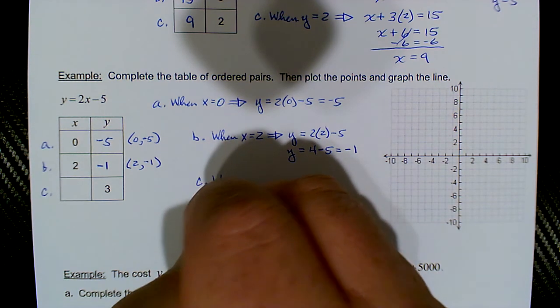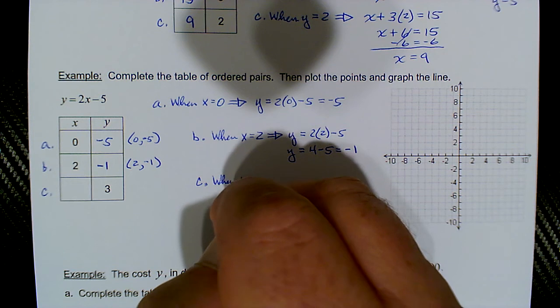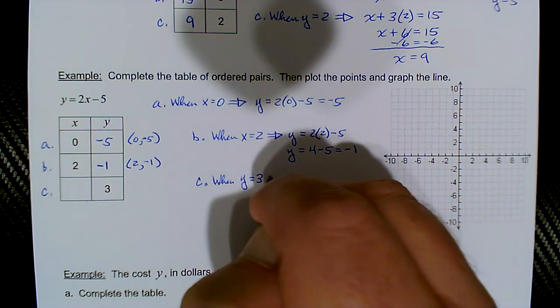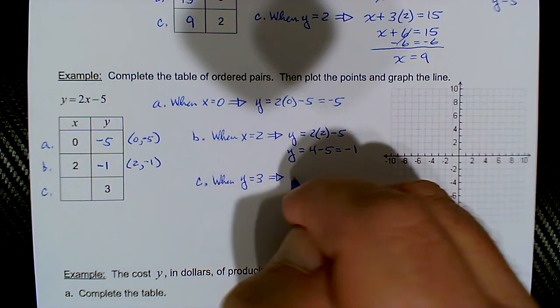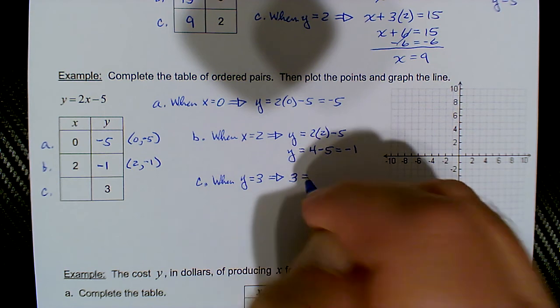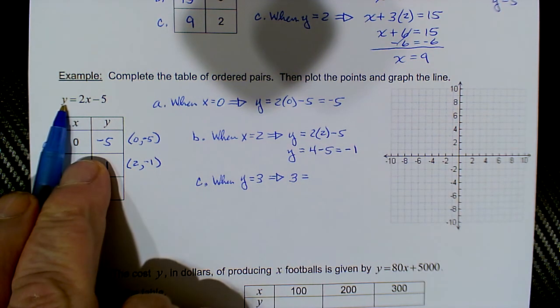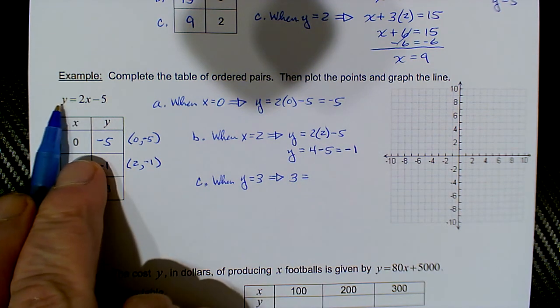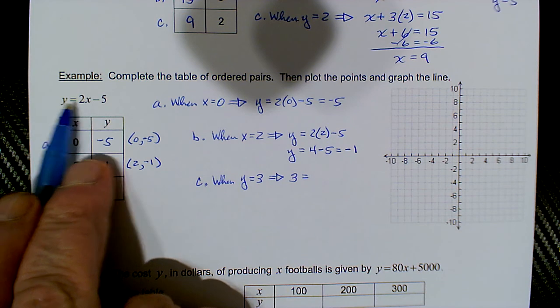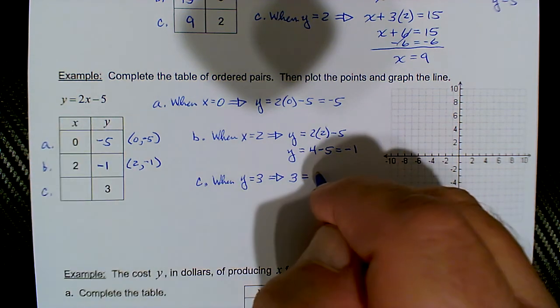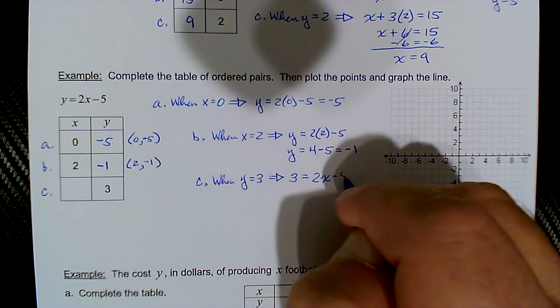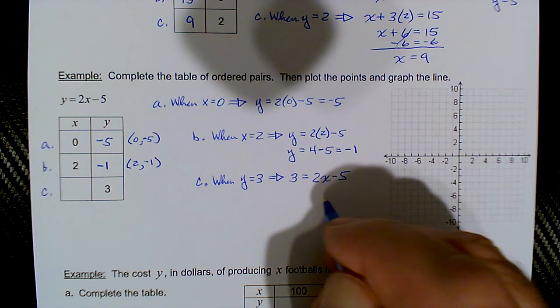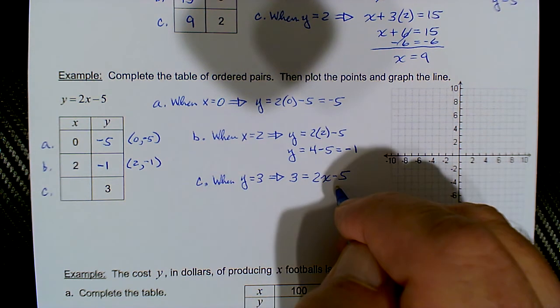And then in part C, now we want to choose y to be 3. Okay, and so we get 3 equals, so again into this equation, y equals 2x minus 5. So y is 3 equals, just recopy, 2x minus 5. And then solve for x, so we have to do a little bit of algebra here.